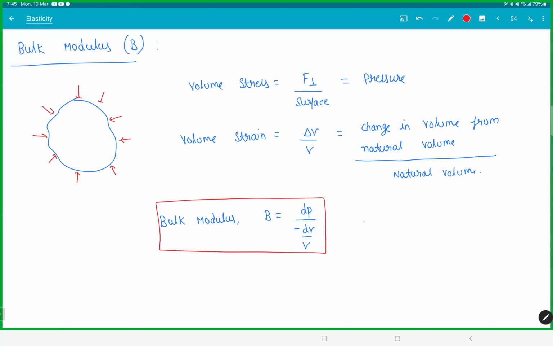The minus sign indicates it is a compression. dV is the change in volume for a small change in pressure dP. So if you increase the pressure by dP, your volume will compress by dV.